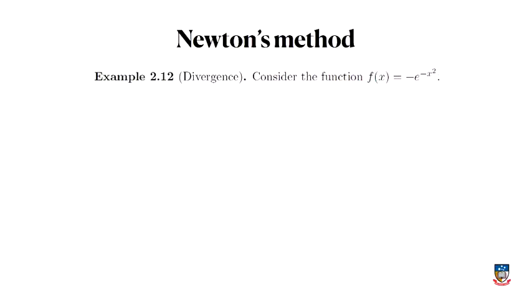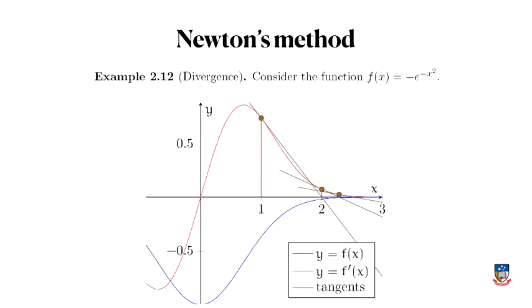The other, something even worse can happen, which is that you could actually just diverge. You can not converge to the minimum at all, even if your function is unimodal. So here's another way that this can break. The blue curve there is the function -e to the -x squared, and the red curve is the function showing the gradients of this.